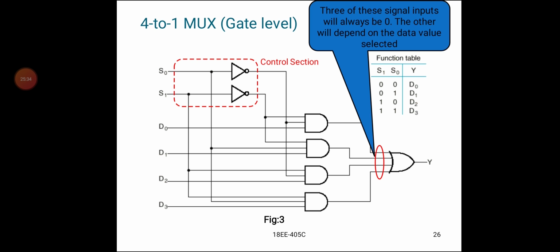The logic diagram can be drawn as shown in the slide. S0 and S1 go through inverters and are connected to the 4 AND gates according to the truth table.